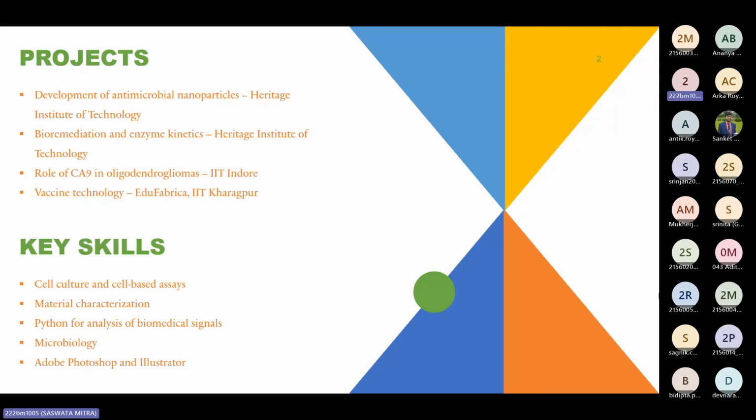As a part of my coursework, I have also learned Python to analyze biomedical signals since it is a core part of biomedical engineering. My previous experience with microbiology is a skill as well, probably. And I enjoy Adobe Photoshop and Illustrator. I learned it during my BTech years.